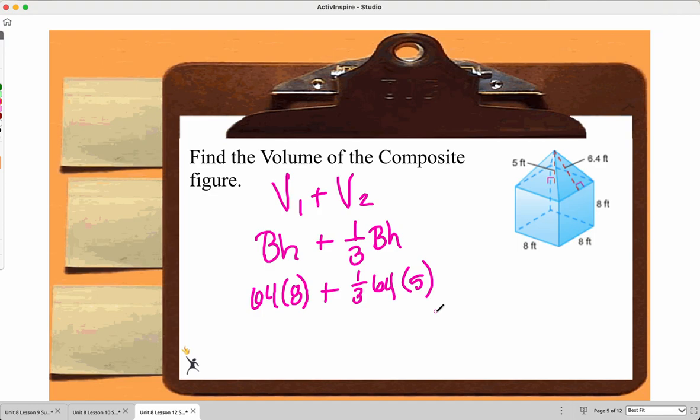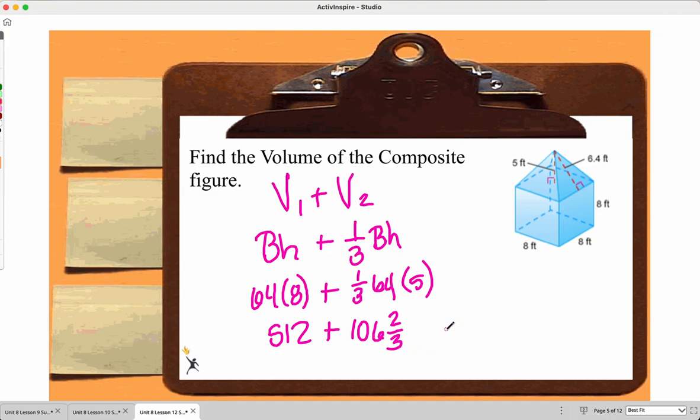So I'm going to do 64 times 8, and that gives me 512 for the volume of my cube. 64 times 5 divided by 3 is, sorry, let me type that again. 64 times 5 gives me 320. 320 divided by 3 is roughly 106 2/3 feet cubed.